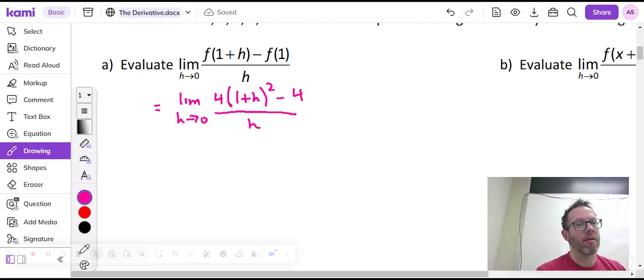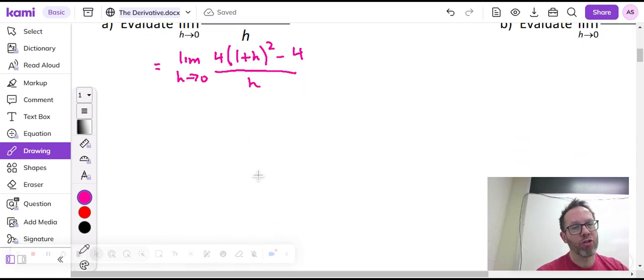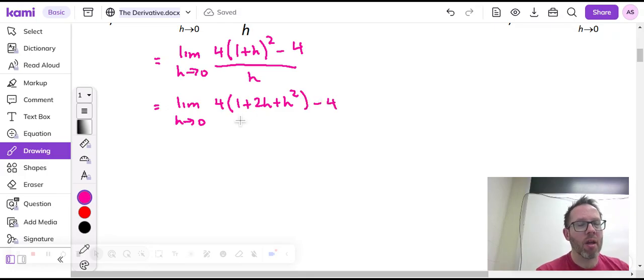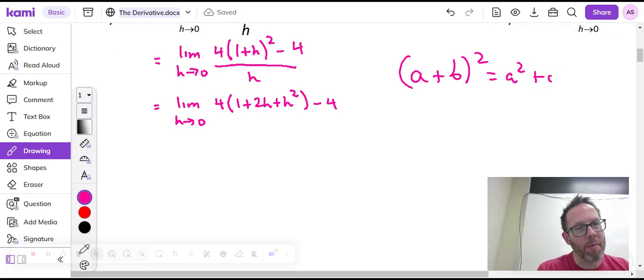When we expand and simplify, the constant terms should go away on top. We should be able to factor what's left. So I will do that with you guys. So 4 times (1 plus h) squared is 1 plus 2h plus h squared. I'm going to keep mentioning, some students come in with the misconception, don't write this down, that (a plus b) squared equals a squared plus b squared.